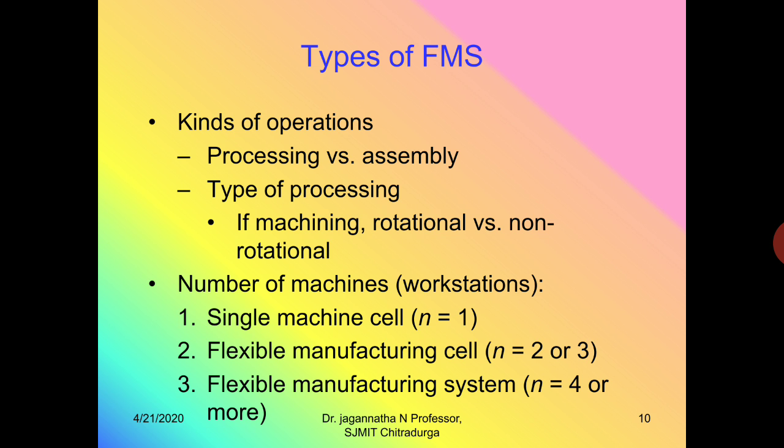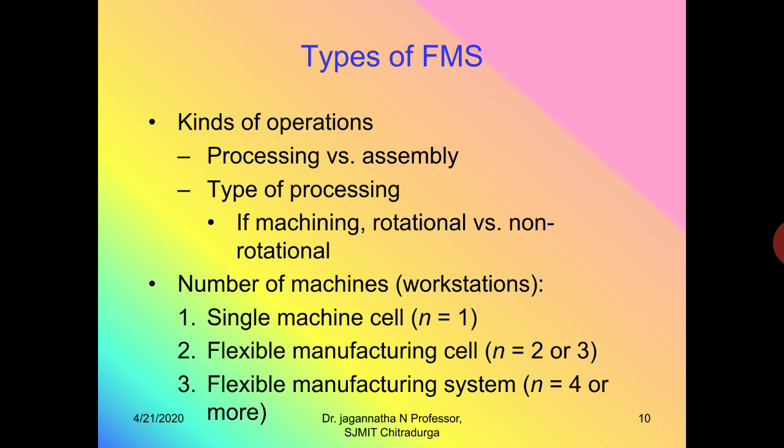The types of flexible manufacturing system can be classified into the following, depending upon the kinds of operations: processing flexible manufacturing system and assembly manufacturing system, and in machining, rotational and non-rotational.